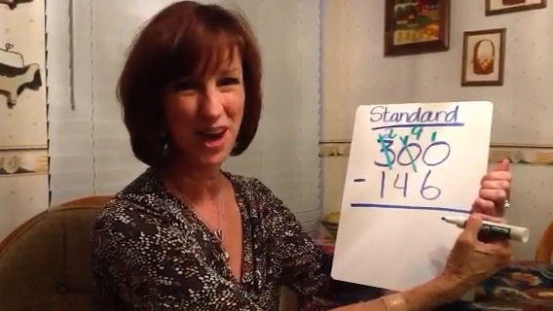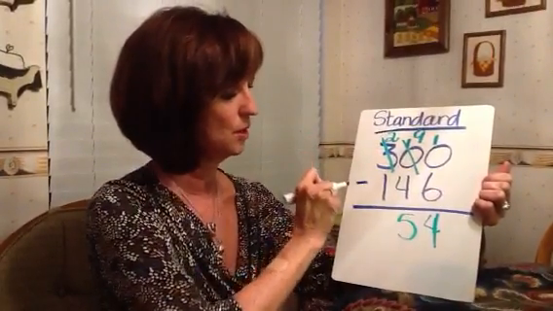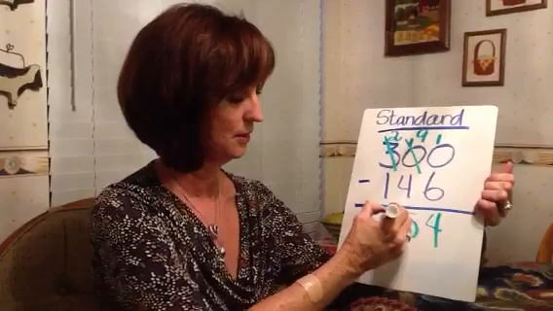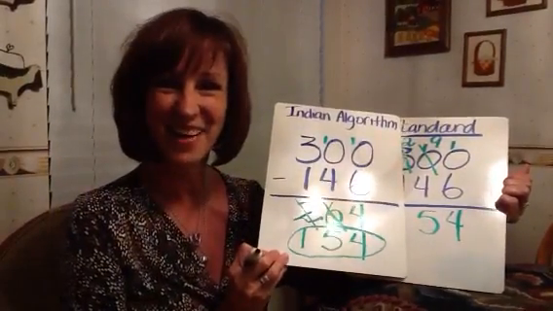And now we can subtract. 10 minus 6 is 4. 9 minus 4 is 5. And 2 minus 1 is 1. And we get 154, which is the same thing we got in the Indian algorithm.